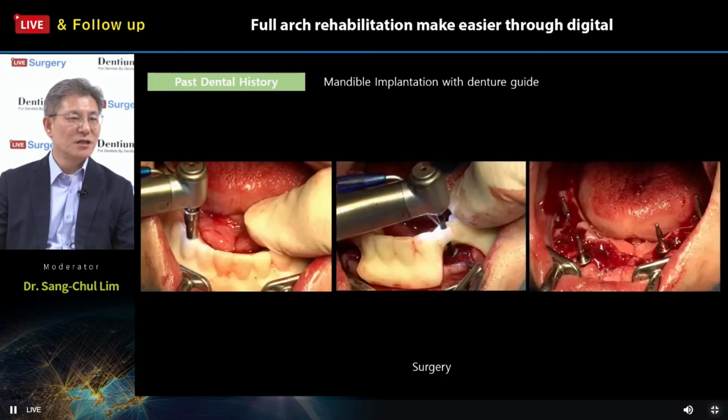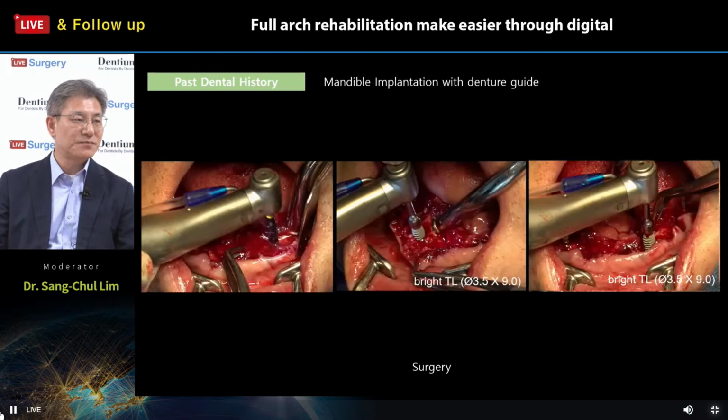After extraction, in the lower jaw, only 4 implants were planned, at number 43 and 36 area. It seems like the All-on-4 concept. However, these implants were installed parallel. All 4 implants were installed parallel.